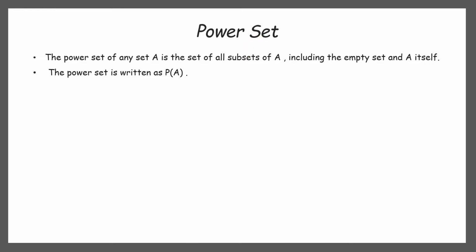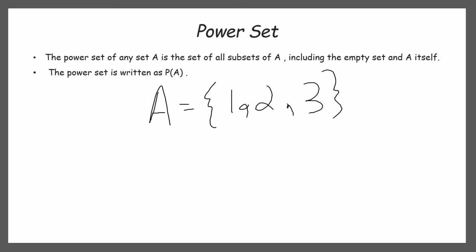Means, let's say there is a set A and it contains elements 1, 2 and 3. Now it contains 3 elements. And we have to write the power set of this set. We just have to write all the subsets of this set just like we did before.